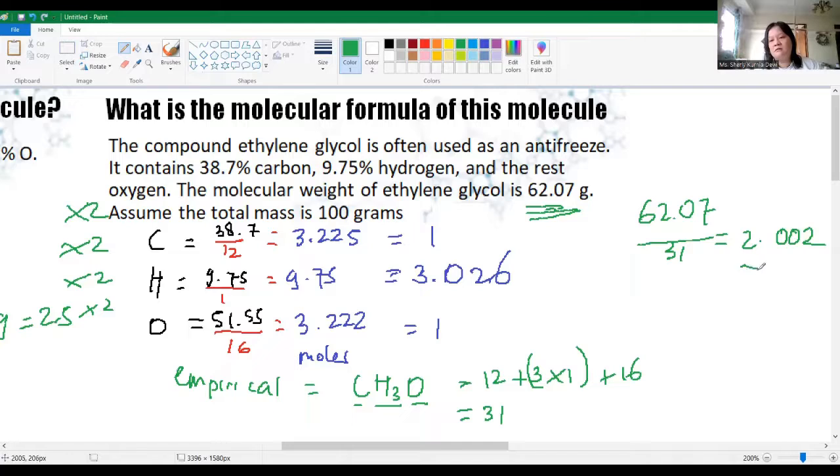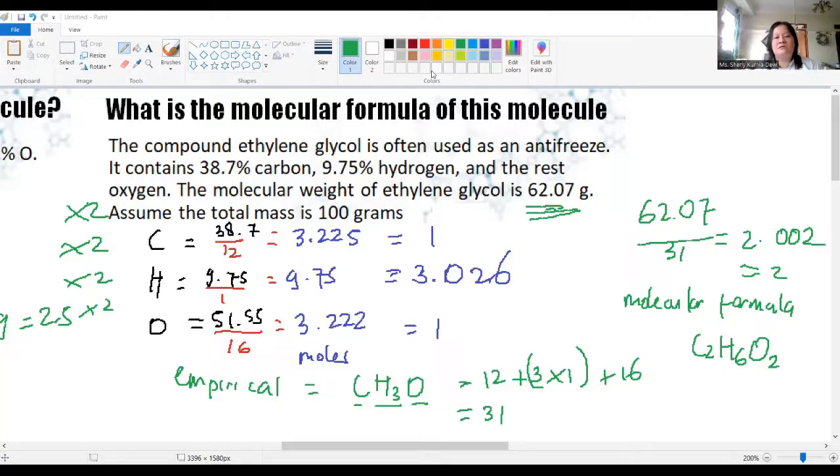So we can conclude it as 2. So for the molecular formula, we have to times it all by 2. So this is C2H6O2. Yeah, like this one.